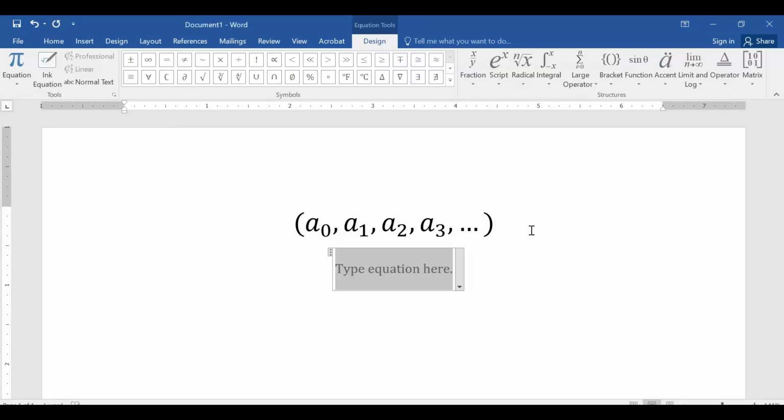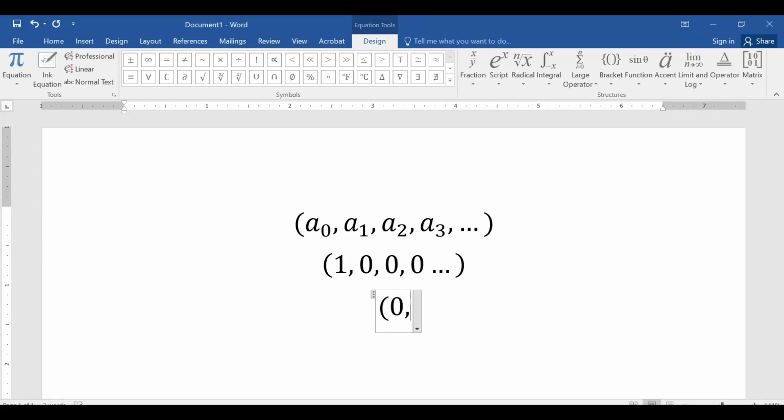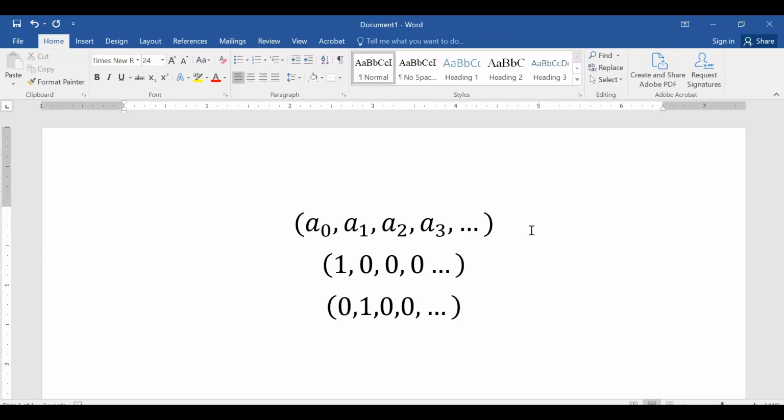You could think of a basis for the set of all infinite sequences as kind of like the elementary basis elements for R3 or Rn, where we have a 1 and then 0, 0, 0. So we have a 1 in the nth spot and zeros elsewhere. Sometimes people start this at A1 instead of A0.